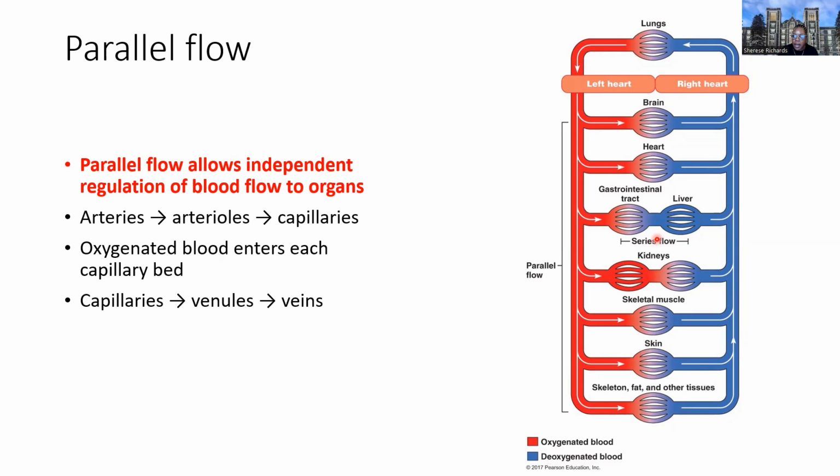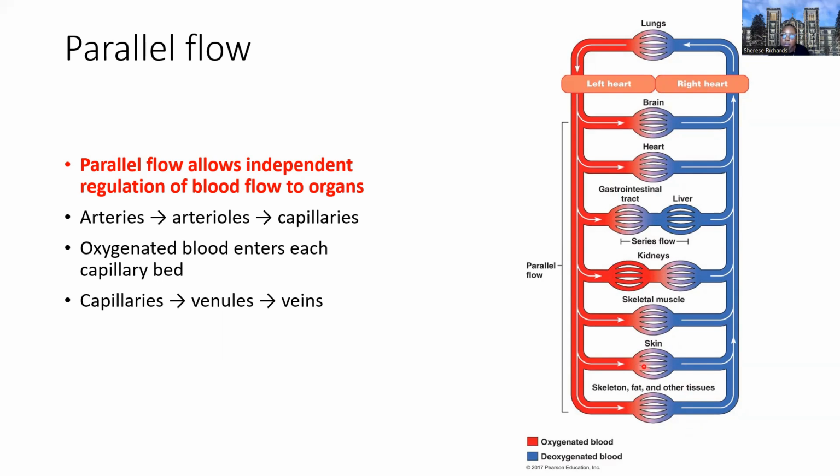If you're running a marathon, guess what? Your skeletal muscles, they need more flow. So we can increase the flow towards the skeletal muscle and divert that away from other structures like the GI tract and maybe the skin, right? Shunt that blood away from those organs and towards organs that have a higher demand.